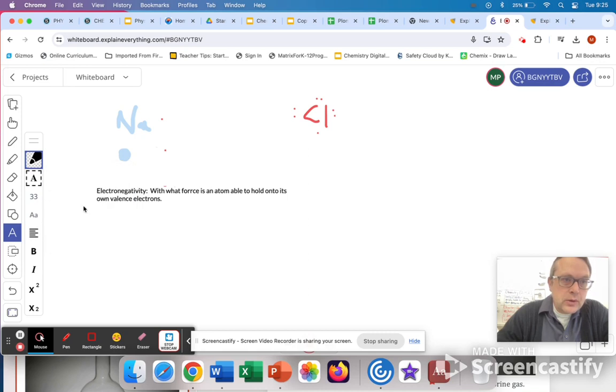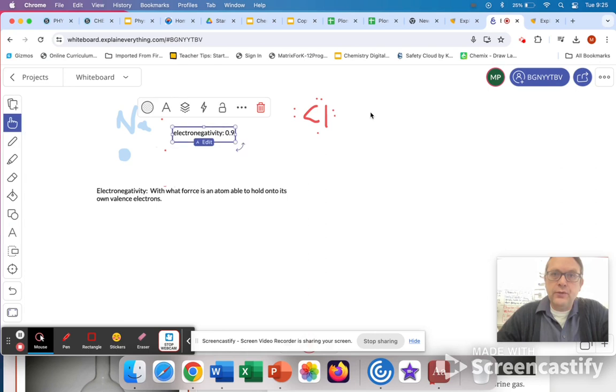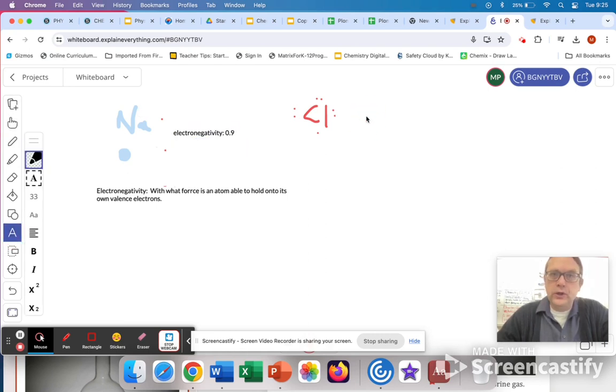So the electronegativity for sodium is 0.9, and for chlorine it's 3.0. The difference between those two is 2.1.